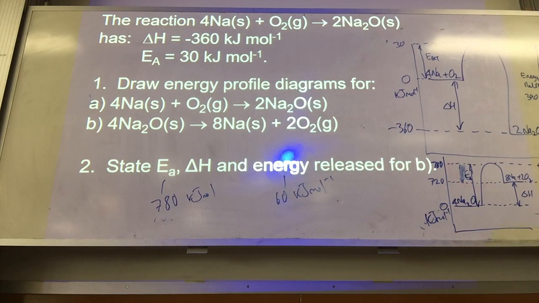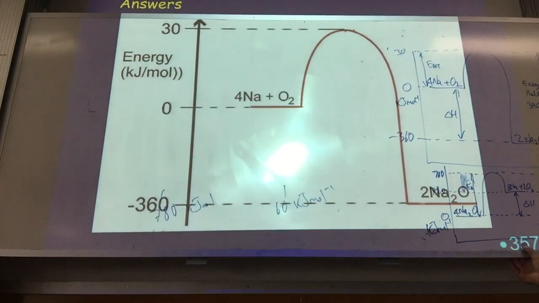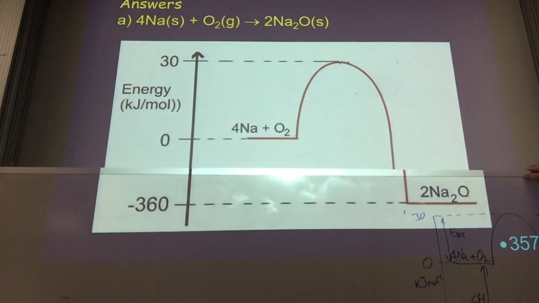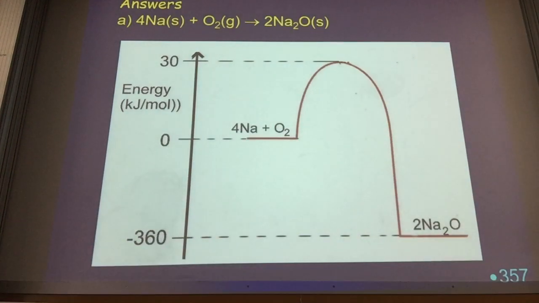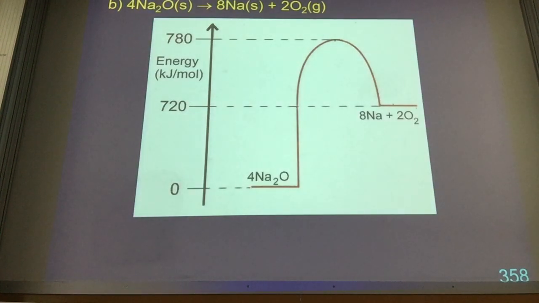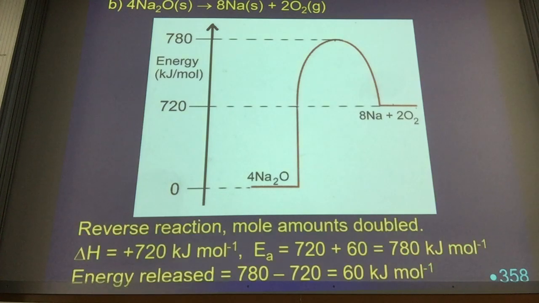And of course, for a neater version of all that, we've got the first energy profile diagram. We've got the second energy profile diagram for the reverse reaction, double the moles. And then the answers to question 2.